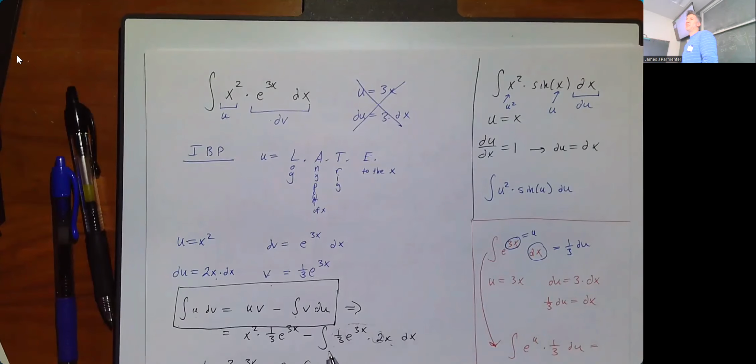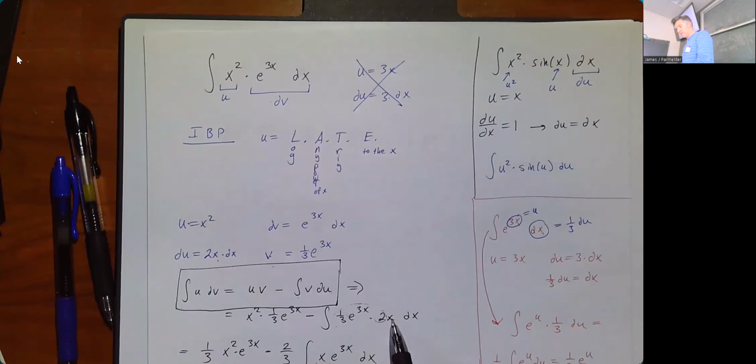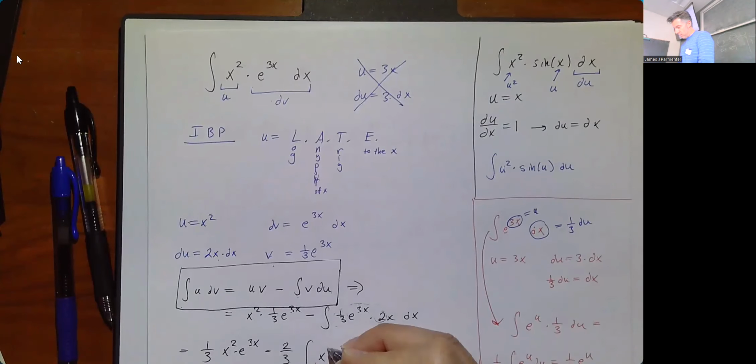But sometimes easier means you still have to do integration by parts again. So I factored out the 2 times 1/3, and I was left with an x times e to the 3x. My power of x got 1 less, which says to me if I do this again, the power of x is probably going to be even 1 less again. So in the next iteration, I'm probably going to end up with x to the 0, so no x's, times e to the 3x, which I do.